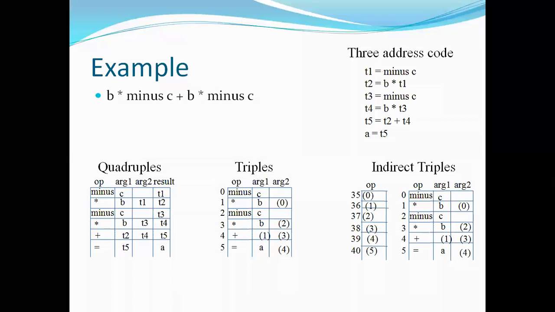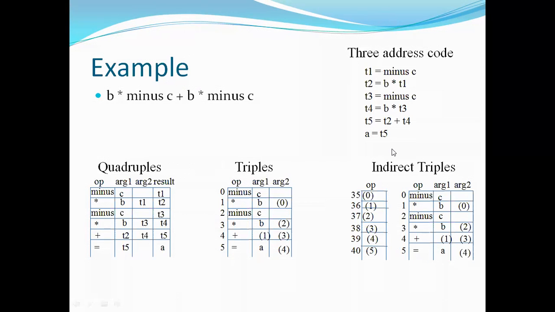And what is the advantage of the quadruple representation? By using a representation with the 4 fields, operator, argument 1, argument 2, and result, one can quickly access the values of the temporary variables using the symbol table.